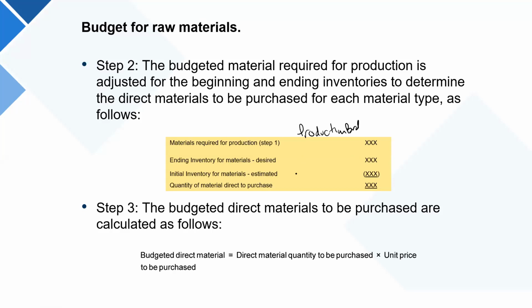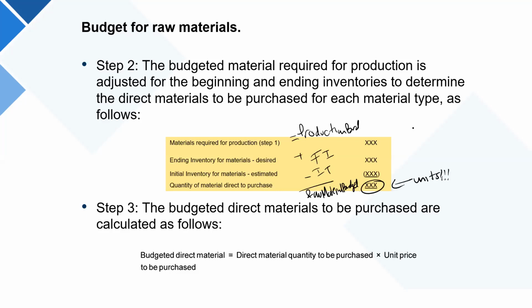Then you need your ending or final inventory. And then you have the initial inventory, and this is going to be negative. So it's this one plus this one minus this one. It's going to give you the raw material budget, and this is going to be in units.